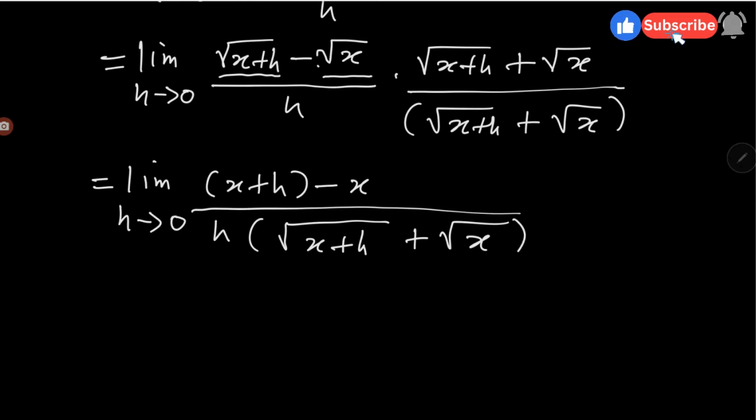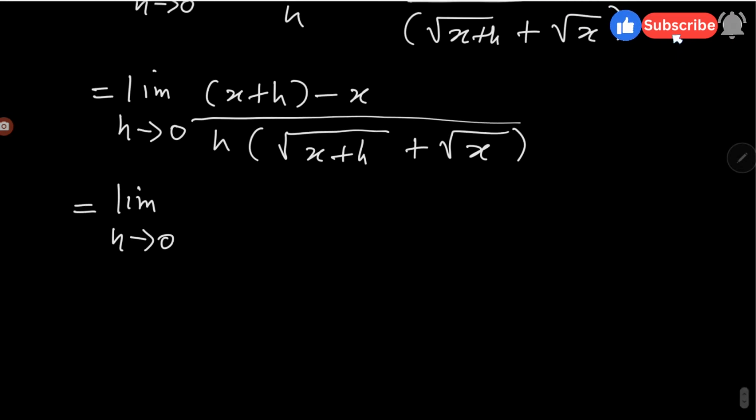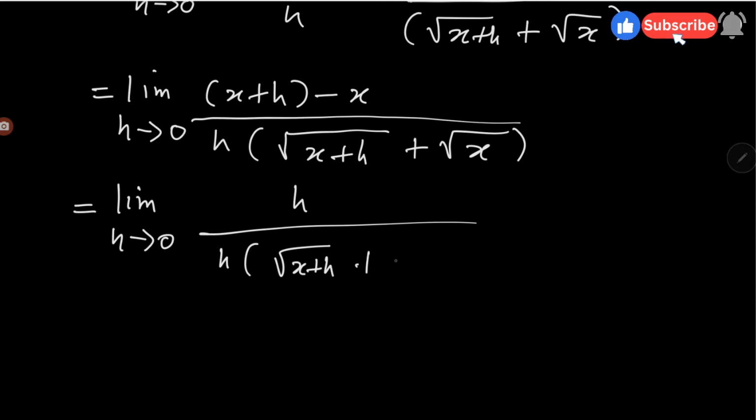We can close there and say this will be equal to the limit as h tends to 0. So x minus x will disappear and we will just remain with h. So writing that, we're going to say this is h over h times the square root of x plus h plus square root of x.